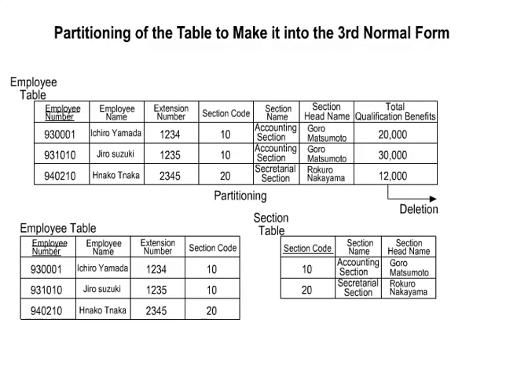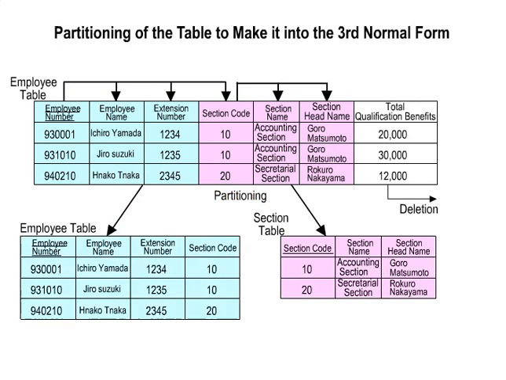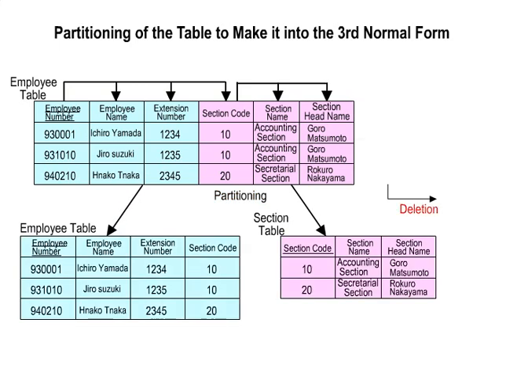Let us think about the example employee table of second normal form in the illustration. The contents of employee name, extension number, section code, and total qualification benefits are different on a per employee basis. However, as long as the section code in different records is the same, the section name and section head name are also the same even if the employee names are different from each other.